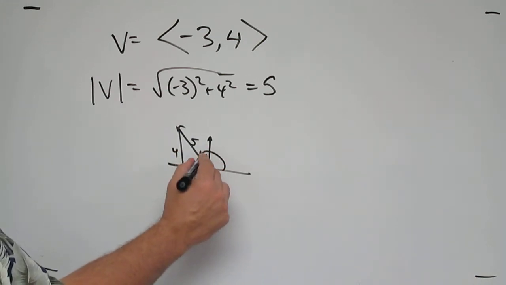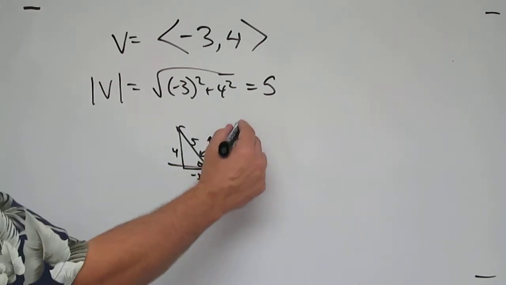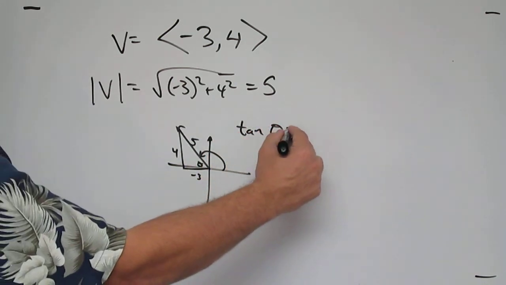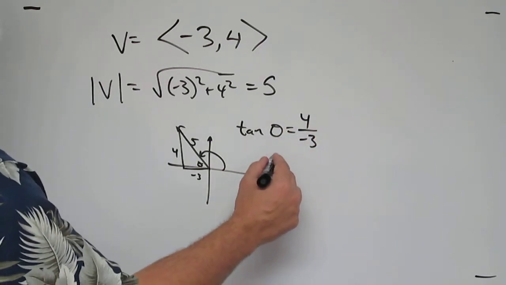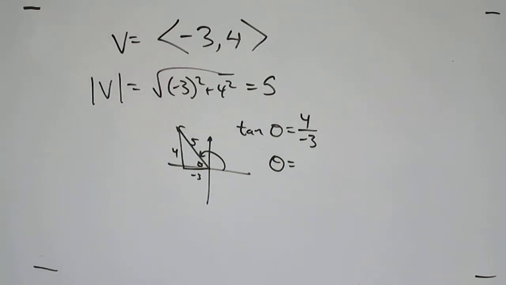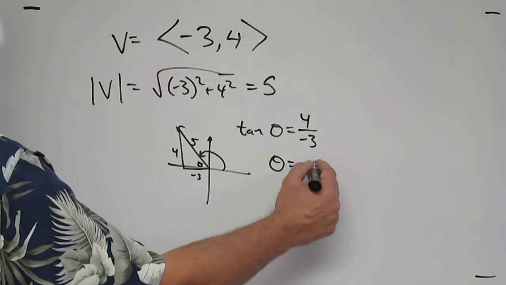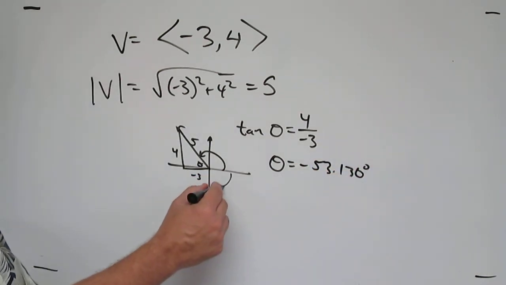I want to know what this angle is, and I can think there that the tangent of theta is equal to opposite over adjacent. And so if I put into my calculator the inverse tangent of negative 4/3, I get negative 53.130 degrees. But negative 53 is down here.